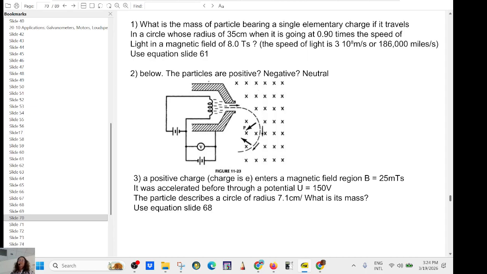So here you have a charged particle entering a magnetic field, accelerated through a potential of 150 volts. You have the radius. What is its mass? It's using this experiment here: you accelerate, and then steer with a magnetic field.